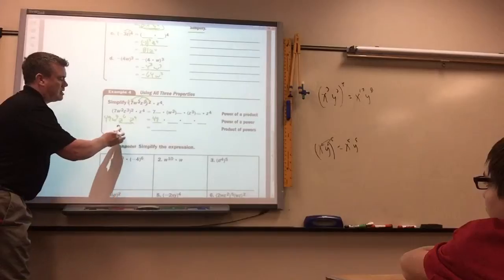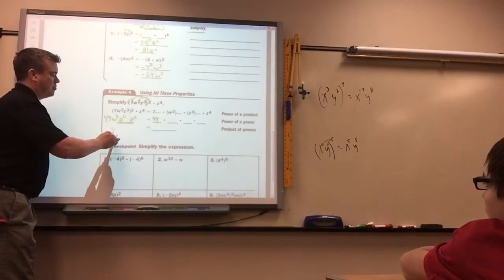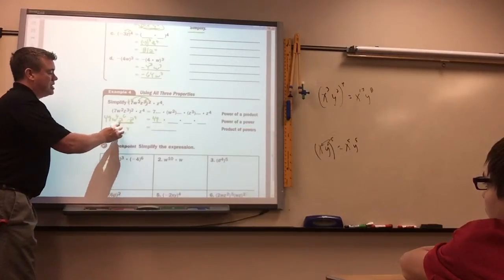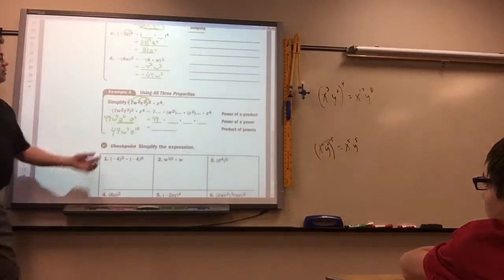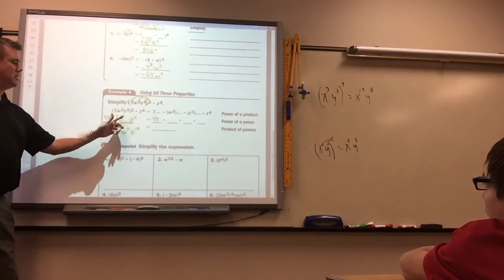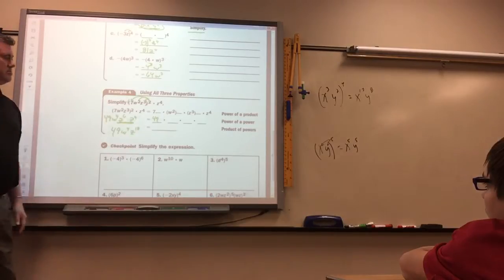So these two you can combine. Z to the 6th times z to the 4th is z to the 10th. Remember, when it's got the same base, then you just add the exponents.